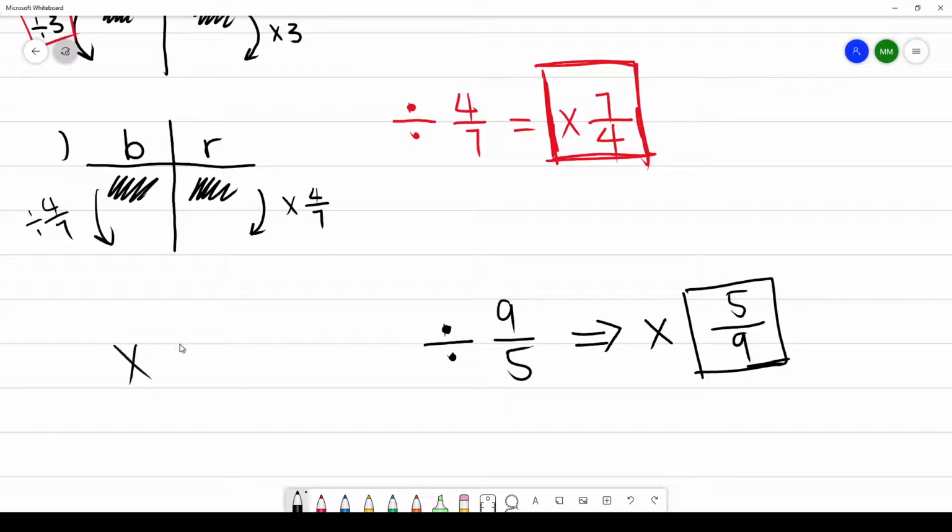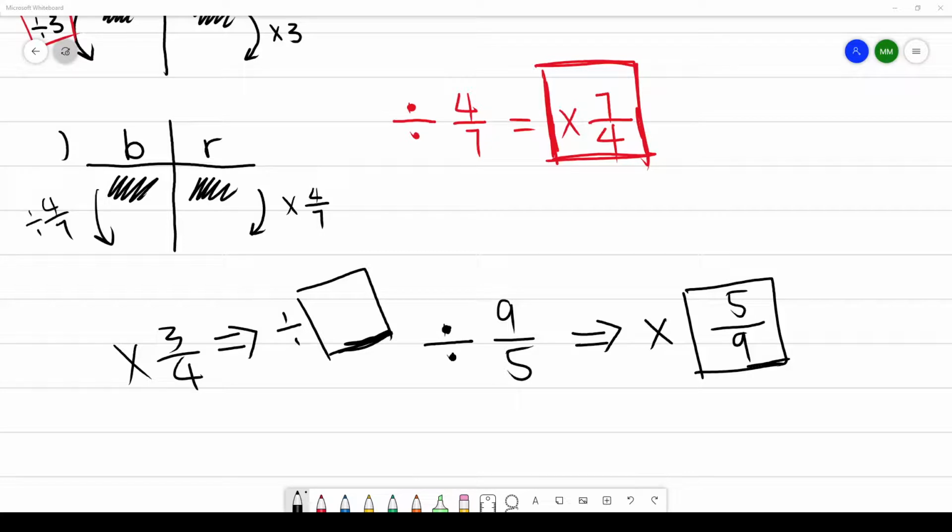Well, how about this? Times 3/4. What is it divided by? What's this number here? Yes, that is good.